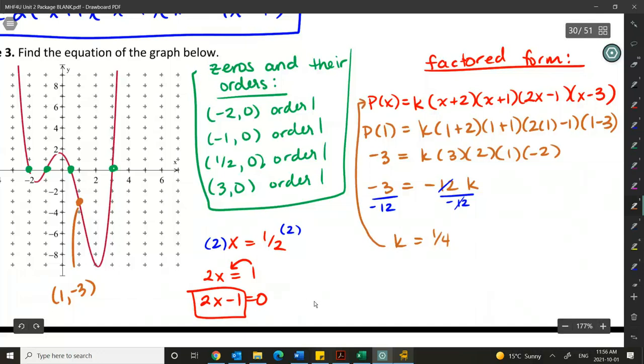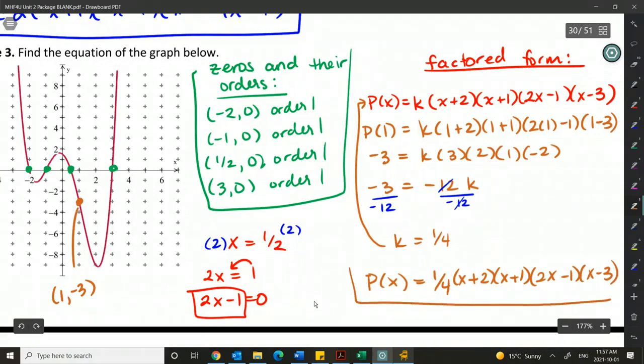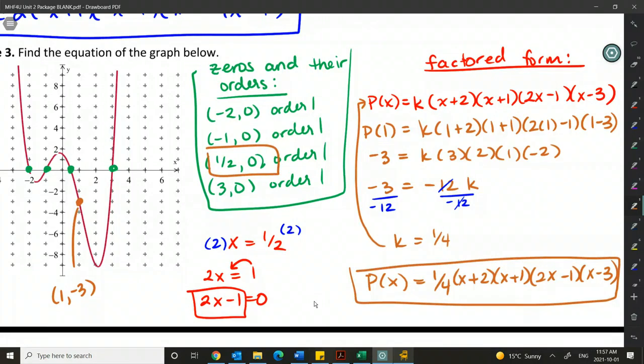Okay, and sub it right back in. If you tried x minus a half instead of the 2x minus 1, you would have gotten a different value. So when you have fractions like this, we didn't practice this in Unit 1, but you just have to be careful about the binomial that you create from that.